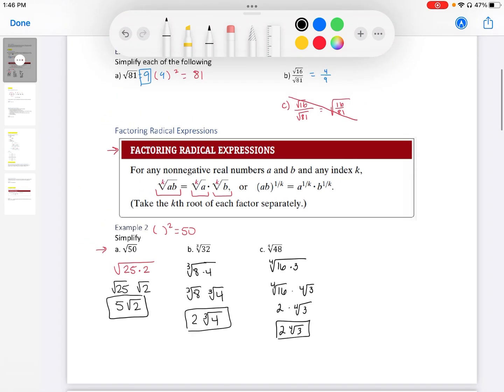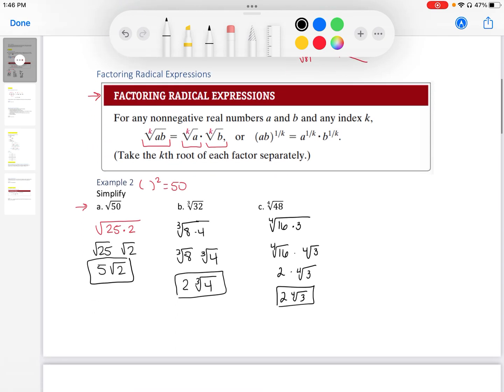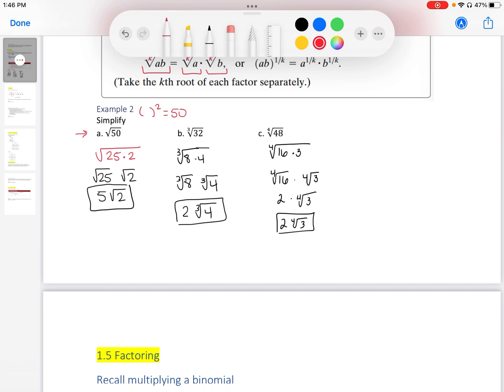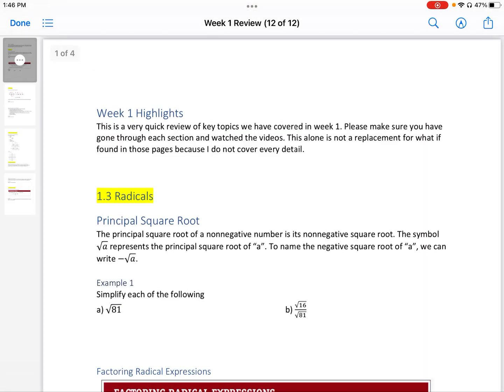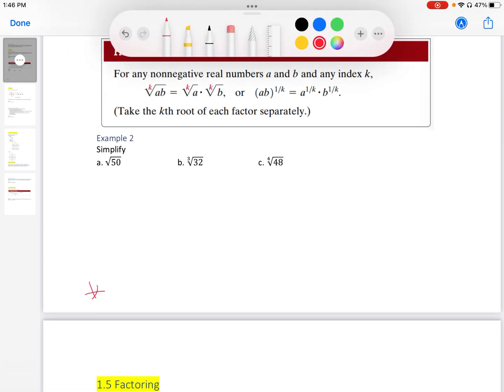If you feel like radicals are a bit challenging, I highly suggest that you become more familiar with numbers being raised to an exponent, because that's essentially what radicals are, working the other way around. So the note I was trying to leave is be more familiar with exponents.